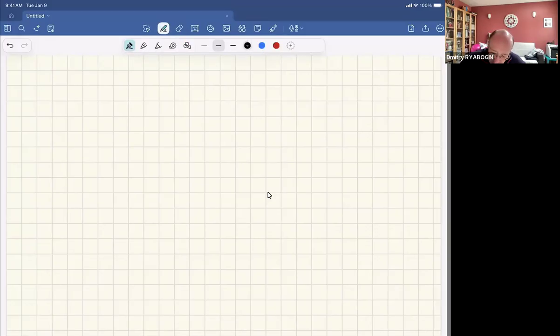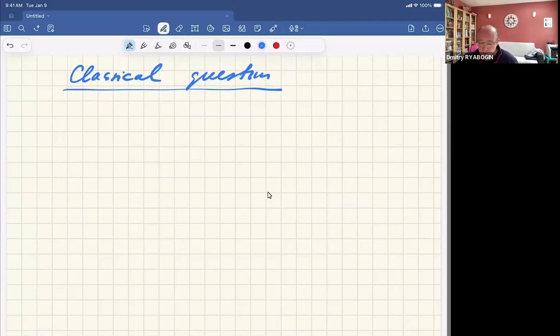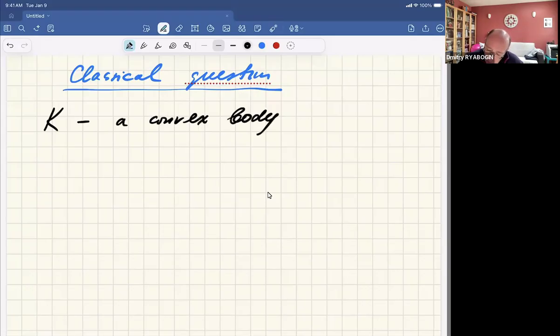Everybody knows this, but I just want to recall it as a playground. This is a question where harmonic analysis is an indispensable tool. We are going to speak today about convex bodies. K is going to be a convex body in Rn, n greater than or equal to 2.